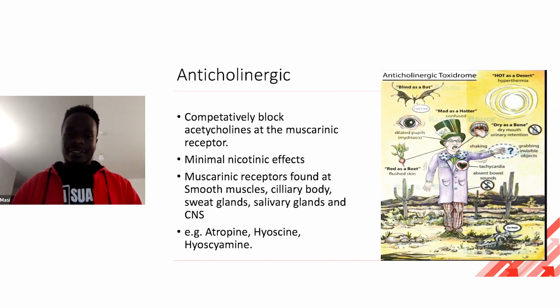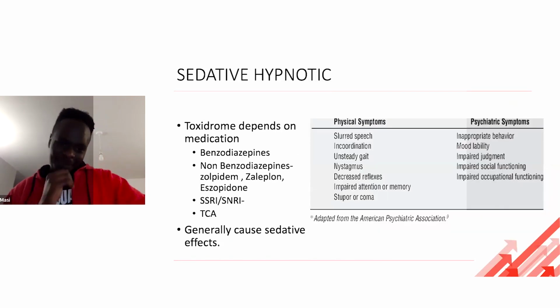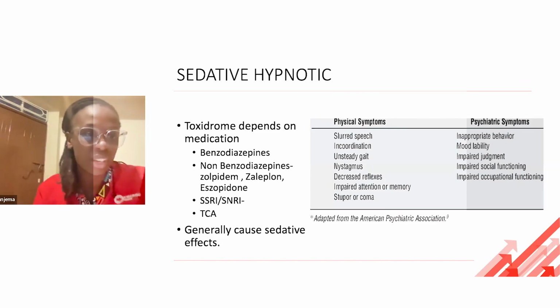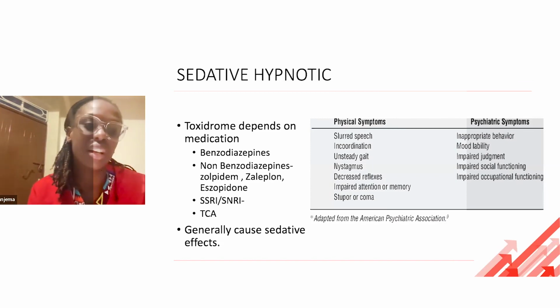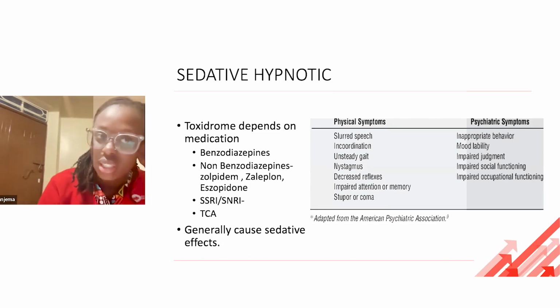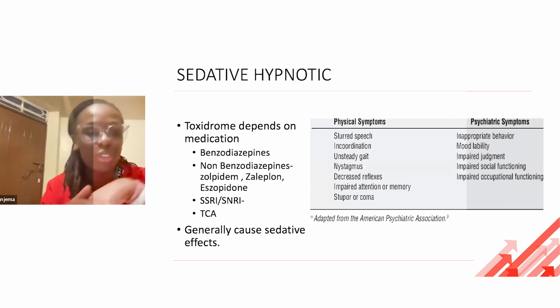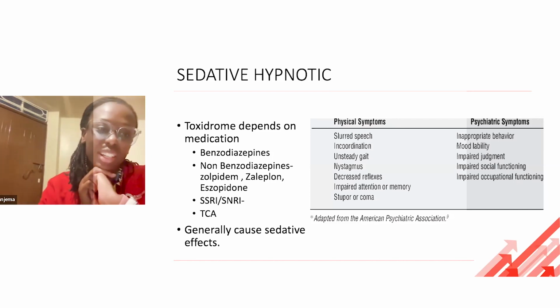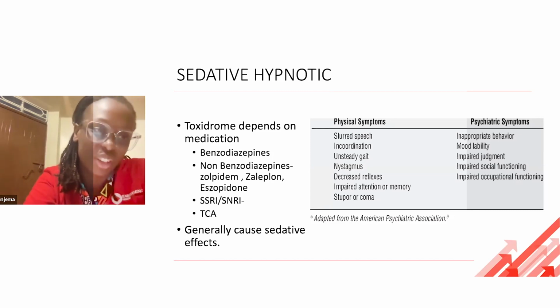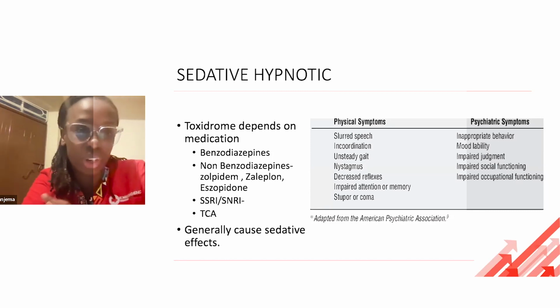All right, good. Sedative hypnotics. So as the name suggests, they're sedatives, right? The benzodiazepines, the tricyclic antidepressants, all those kind of drugs, the ones that keep you cool and mellow. If you take too much of that, you can end up in this toxidrome, sedative hypnotic toxidrome, where everything is just depressed.